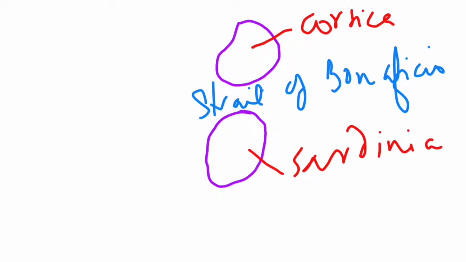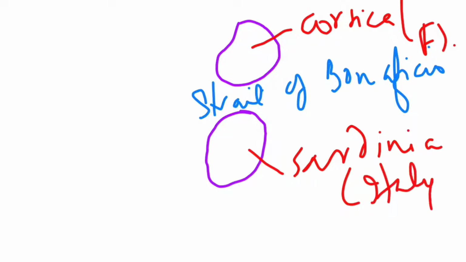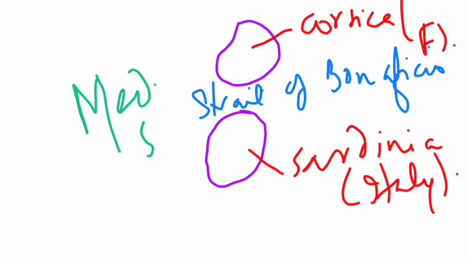Fine. So Corsica is under France and Sardinia is under Italy. So this Strait of Bonifacio is connecting the Mediterranean Sea to the Tyrrhenian Sea. I hope this is clear.